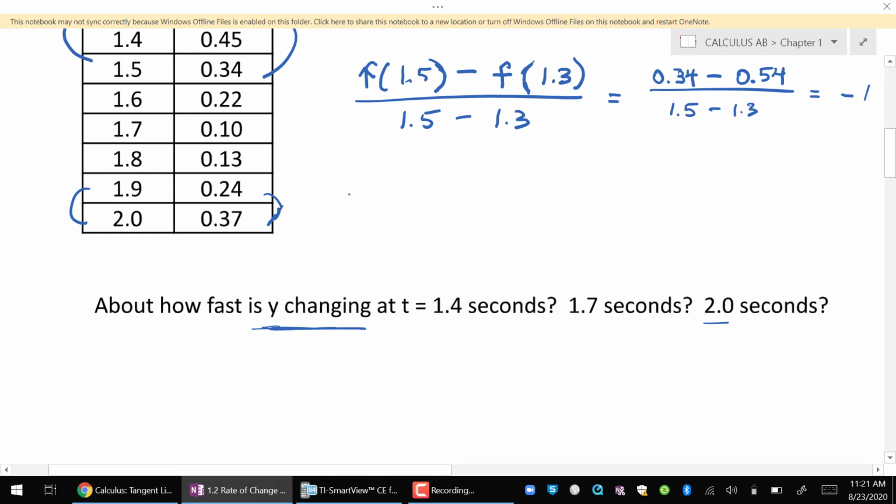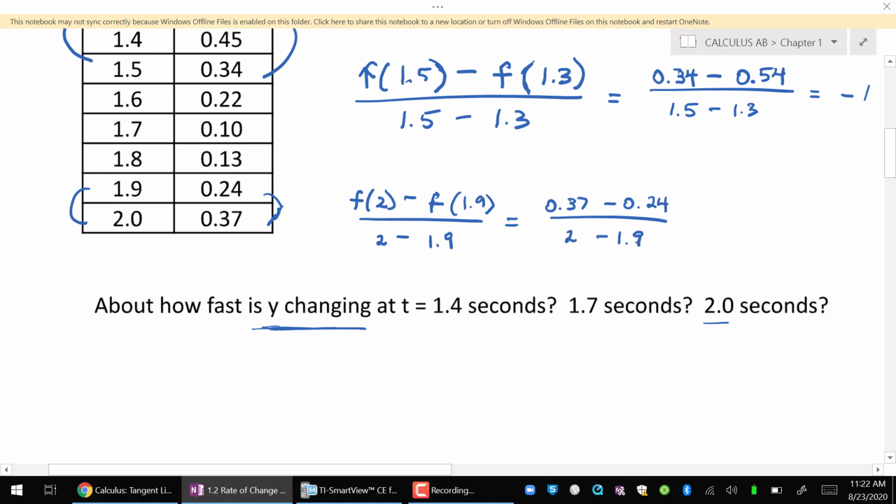So for this one, find the average rate, f of 2 minus f of 1.9 divided by 2 minus 1.9. And that, again, from the table, would be 0.37 minus 0.24 divided by my 2 minus 1.9.